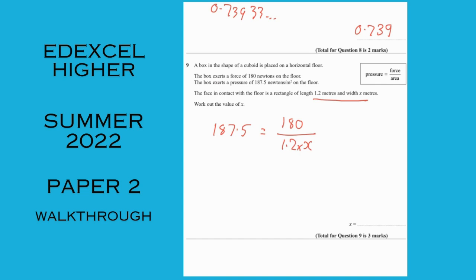And we can just rearrange this. We can just times both sides by x and divide both sides by 187.5. So it looks like this. And it works out to be a lovely 0.8.